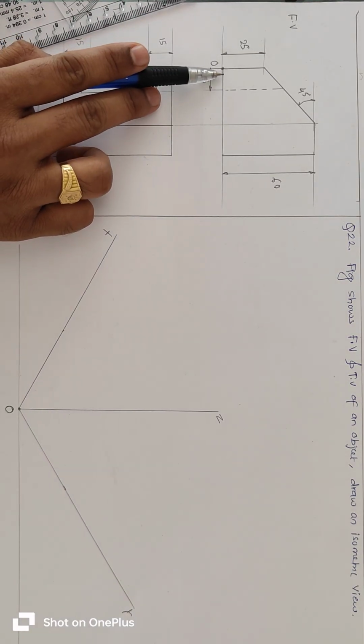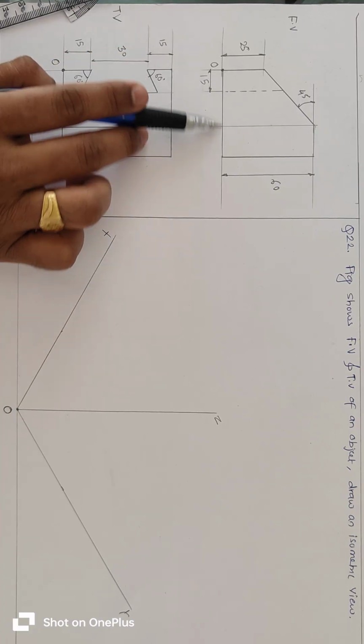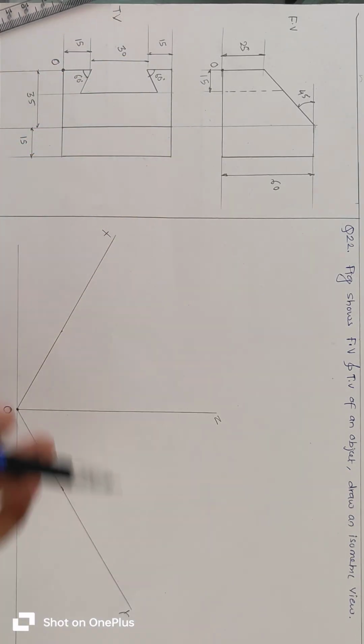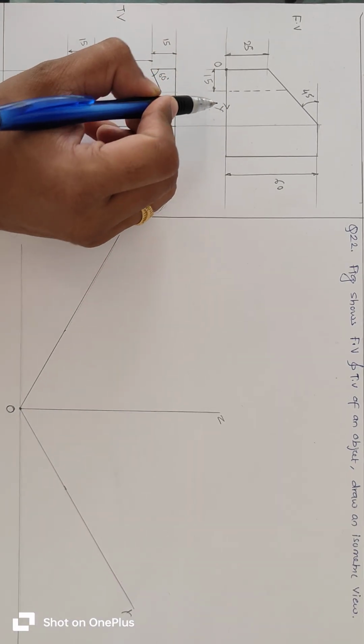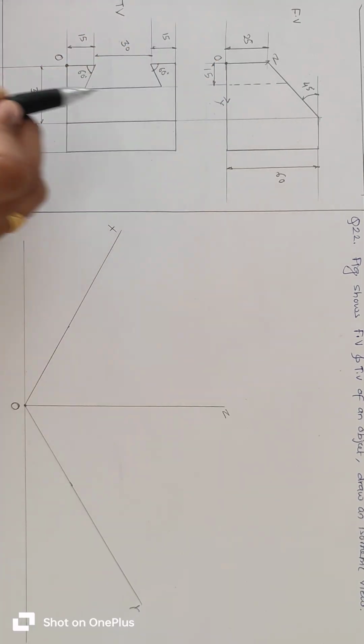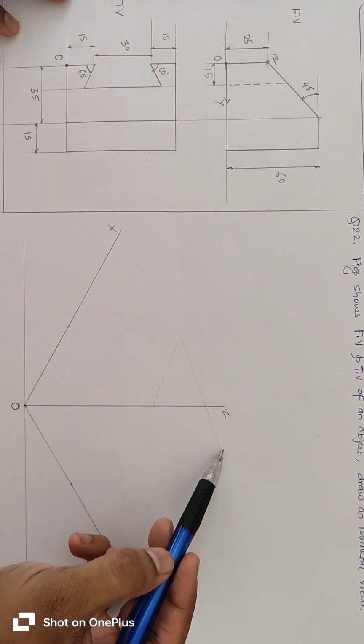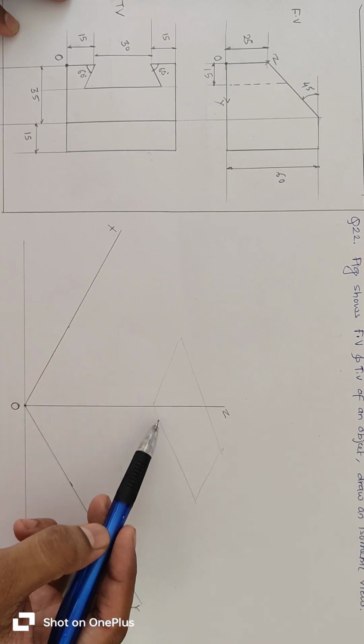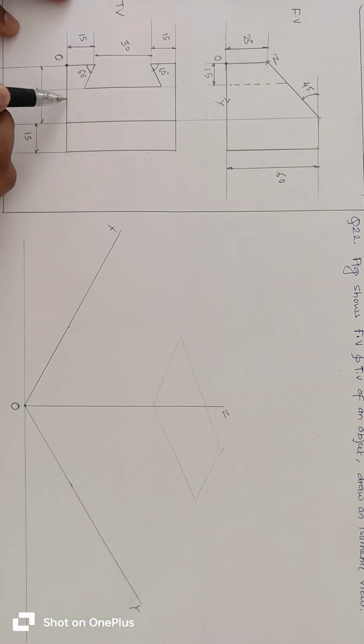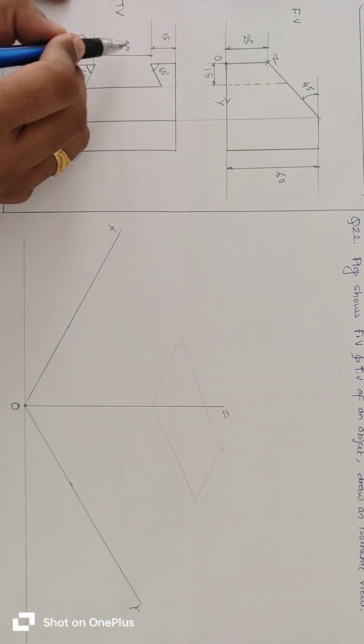So from O point, this is line, horizontal line along y axis. This is a z axis in top view. So top view plane will be this. So horizontal line is a y axis and vertical is x axis.